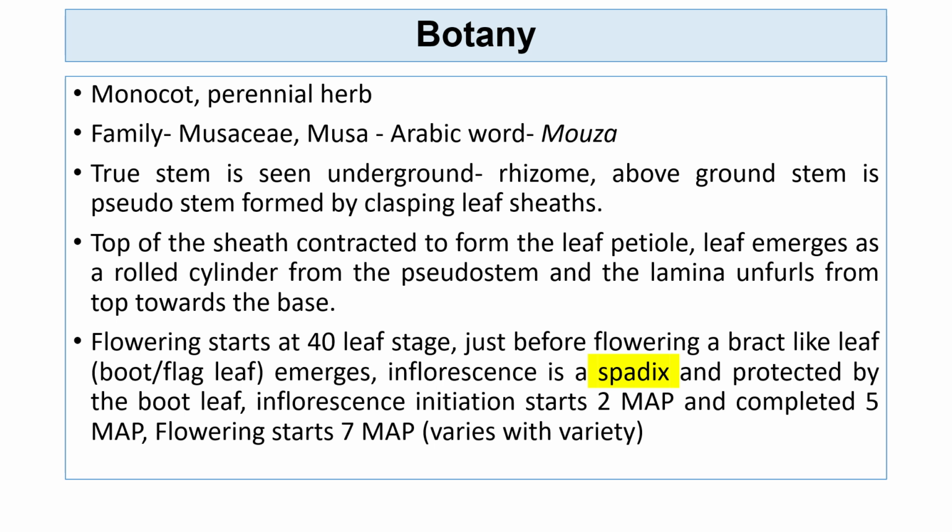So in today's class we will be discussing in detail the botany. Banana is a monocot crop and it is a perennial herb. It is a herb because it does not have woody tissue as in trees, and it is perennial because of the suckers.